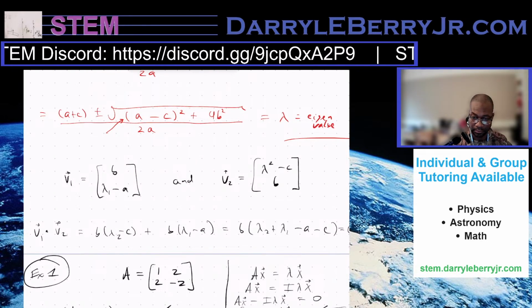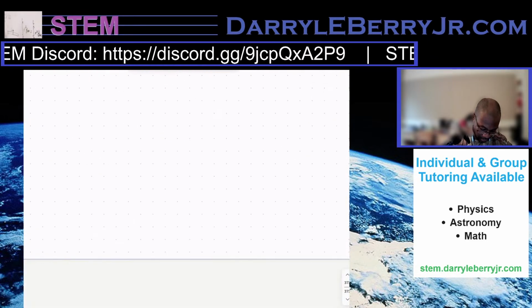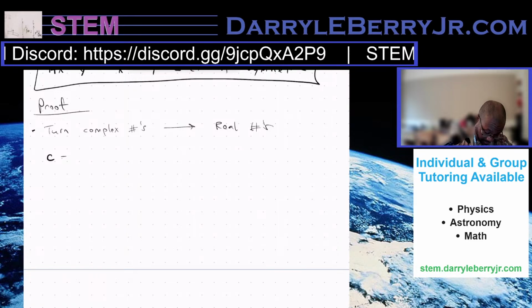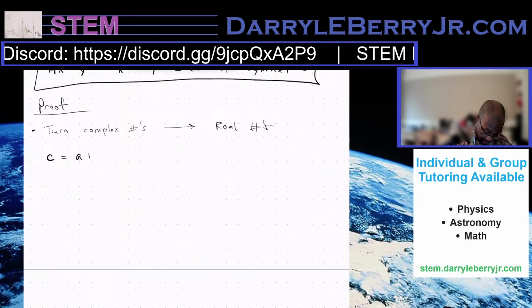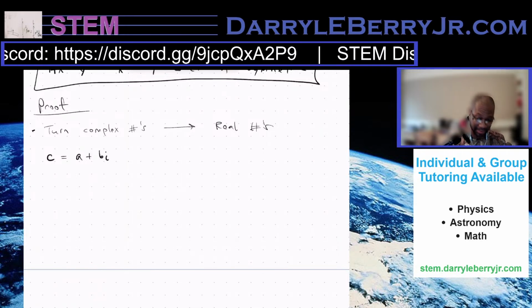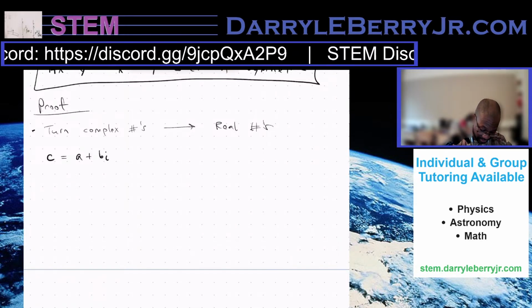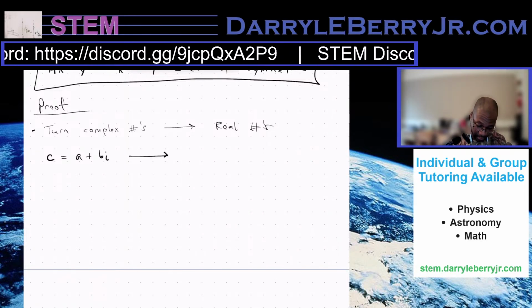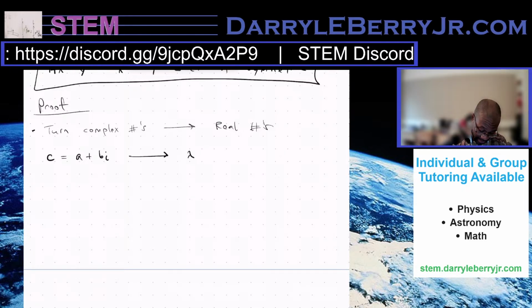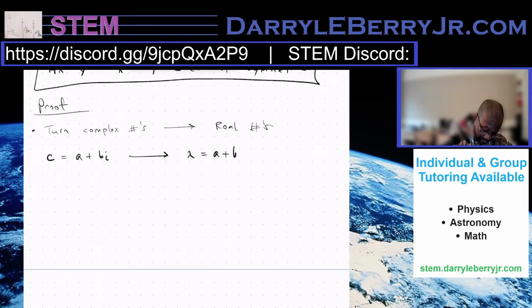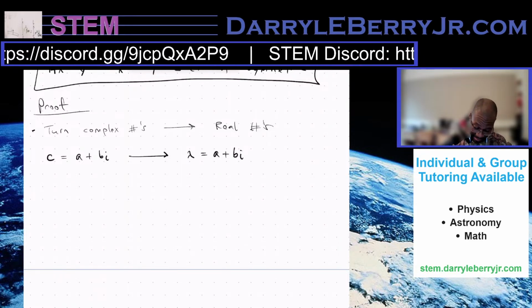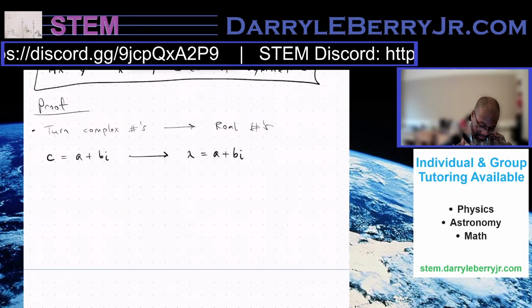But we do know that in general, a complex number is a plus bi. It's a general complex number. So we're saying that our eigenvalues are complex. We say lambda equals a plus bi. Basically every number is a complex number, just that b is usually 0.